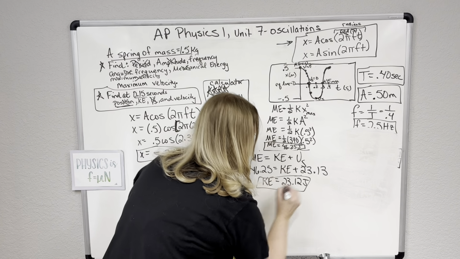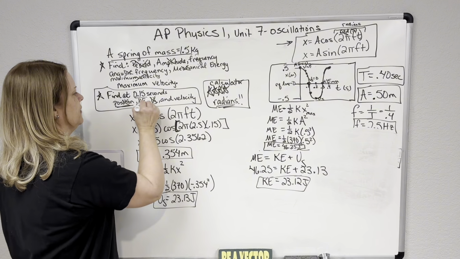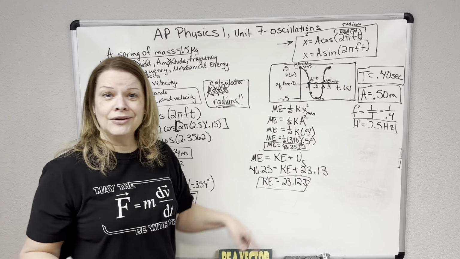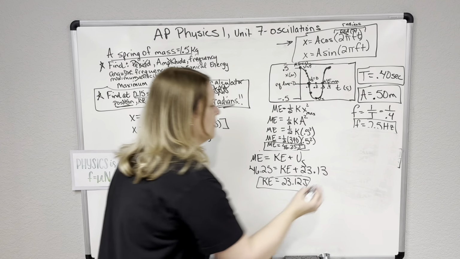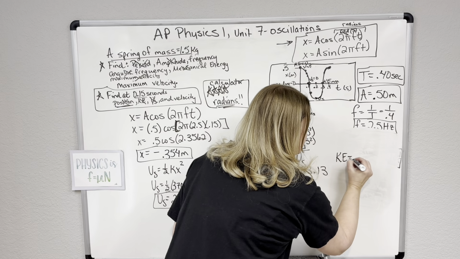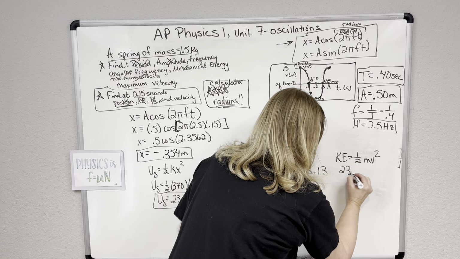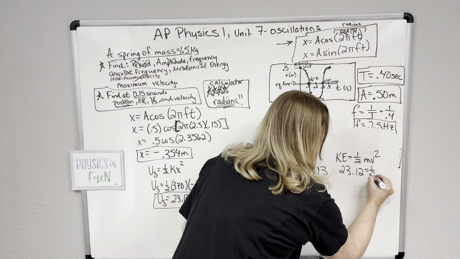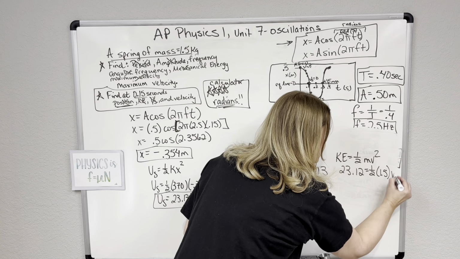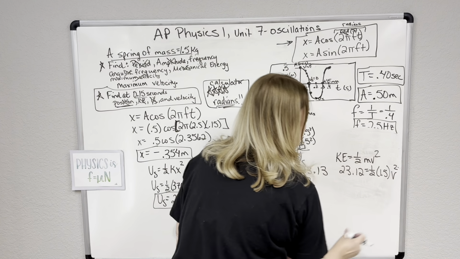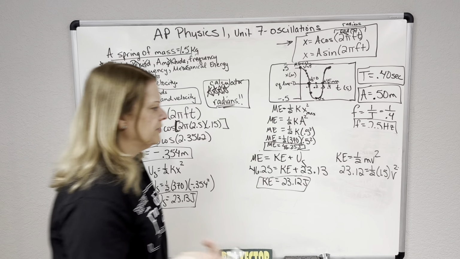Now they want the velocity at this point. If I know my kinetic energy, I can find my velocity, because kinetic energy is equal to 1/2 mv squared. My kinetic energy is 23.12, my mass is 1.5, and I'm looking for that velocity at this time of 0.15 seconds.